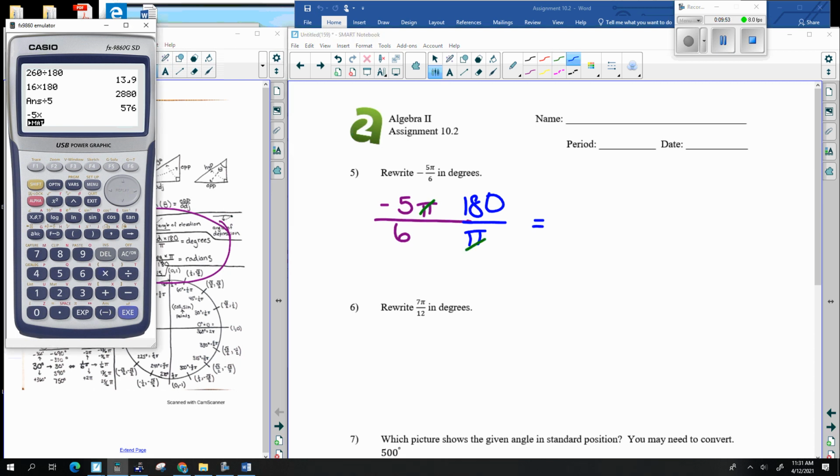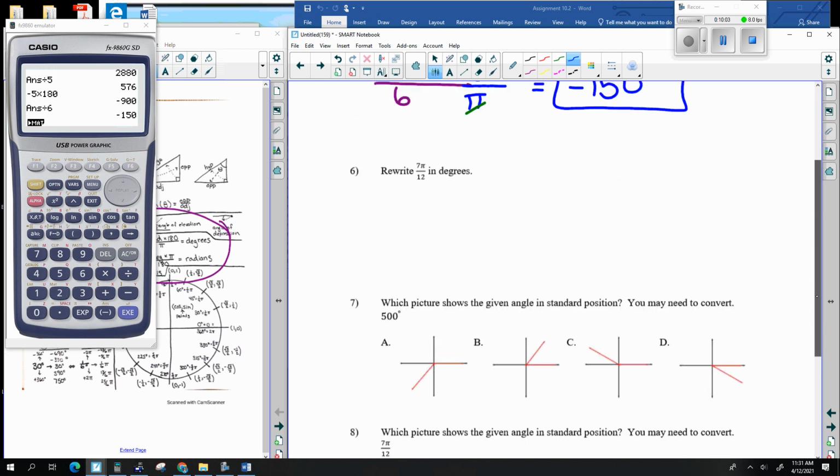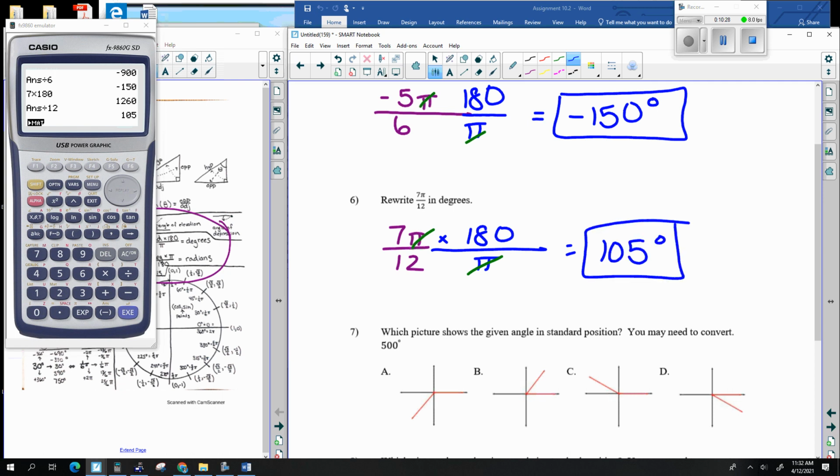So negative 5 times 180 divided by 6 is negative 150. Tough stuff. Yep.